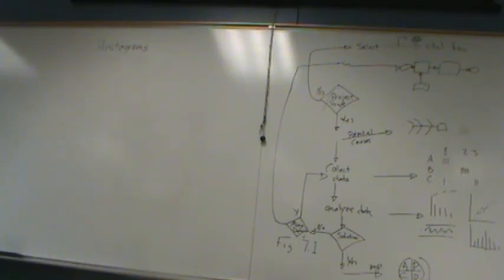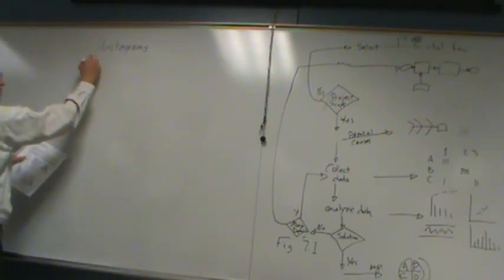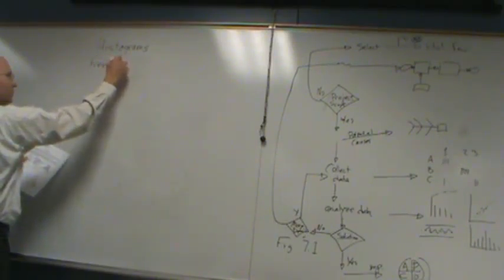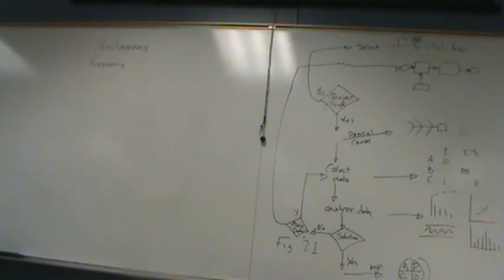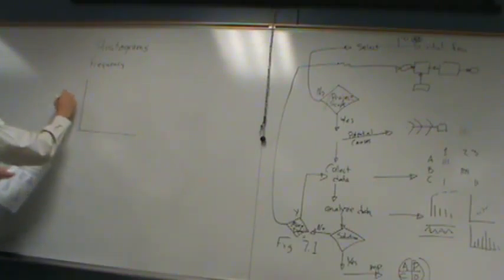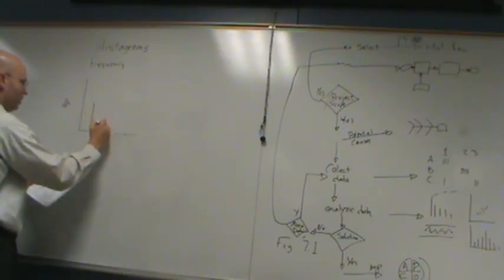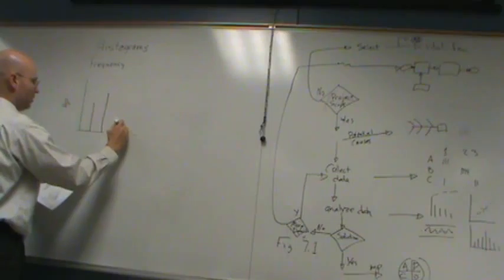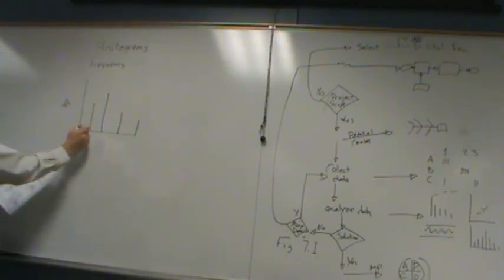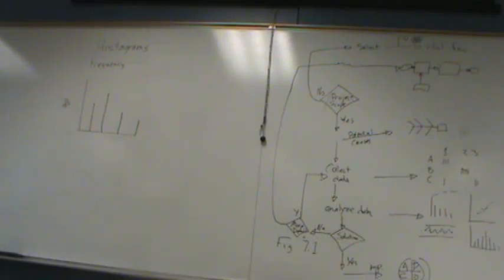All right, so let's go ahead and cover a few more, and then we'll take our mid-class break. Next one is histograms. The key thing with a histogram is that we're trying to do a frequency chart. And so you frequently see these bar charts, and these very thin lines are my quick way of showing a bar chart.